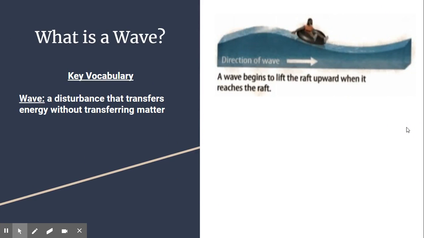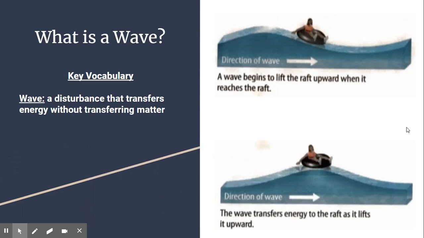As it's climbing up that wave, it eventually reaches the top. And you can see it's still lined up in that same central location. It hasn't been moved. It hasn't been pushed. It's been elevated. Its energy has increased because its potential energy, its position, has increased.